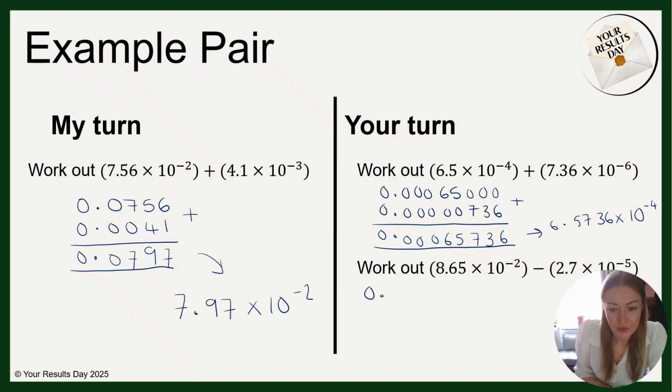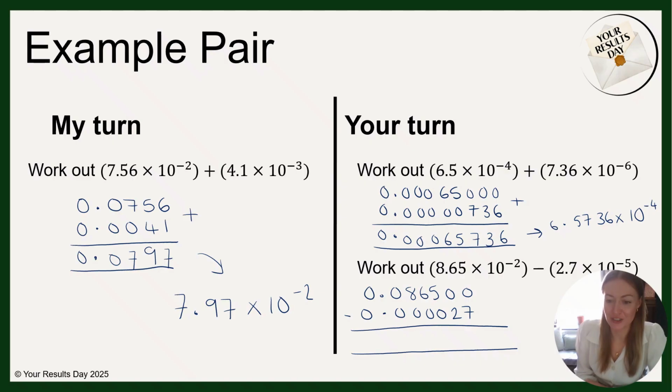And with this one, we've got 0.0865 minus 0.00027. With subtraction, I always advise putting placeholders in just to make it a bit easier. Now we can see when we go to do 0 subtract 7, we can't do that, and there's nothing next door to borrow from.